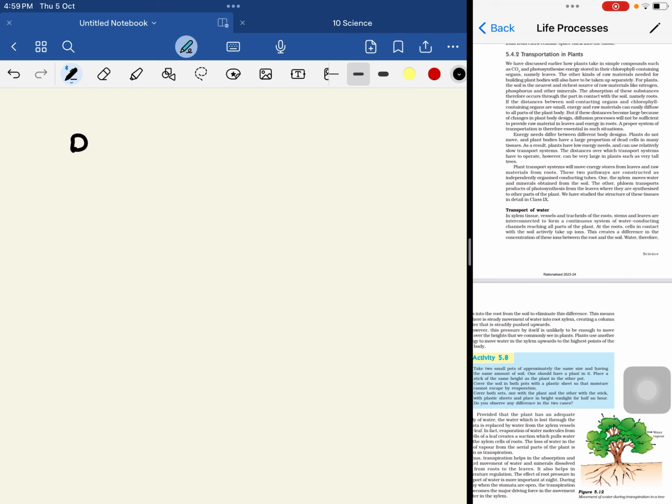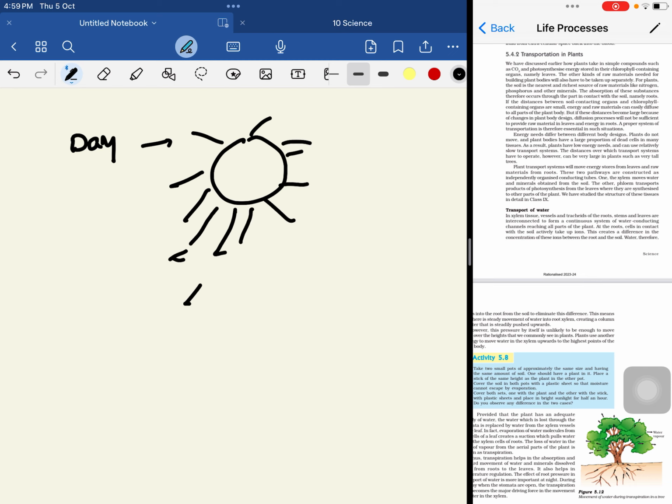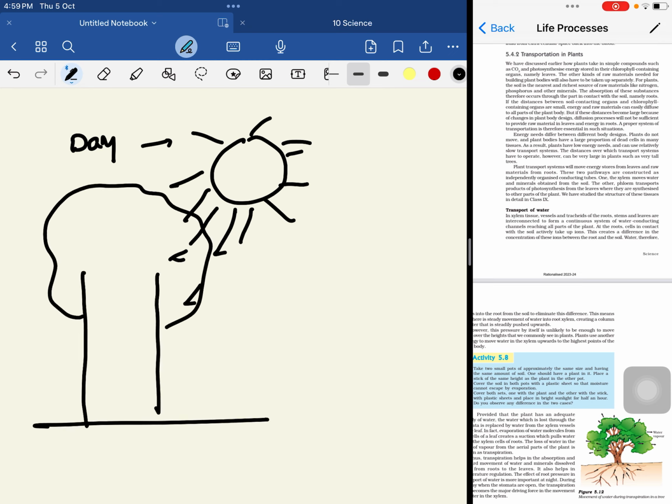During the day there is a lot of sun available, which mainly plays an important role for the plant to absorb water from the soil.